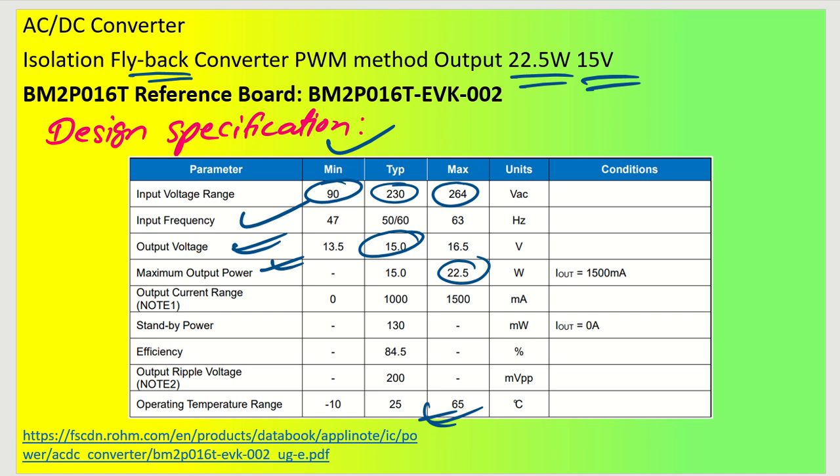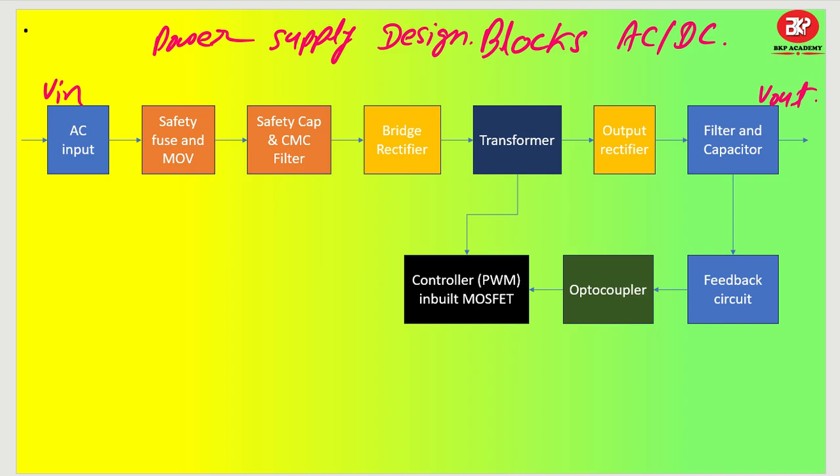Okay. The very first thing that we have to do is get into the concept of the block diagram. So let me open a block diagram. This is the input voltage that we must have, which is going to be my AC input. Then we have safety, which will be fuse and MOVs and all those things.